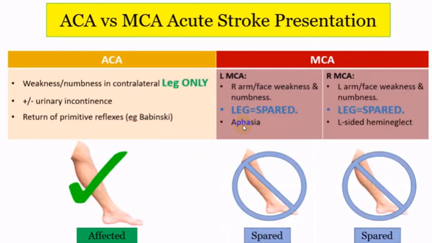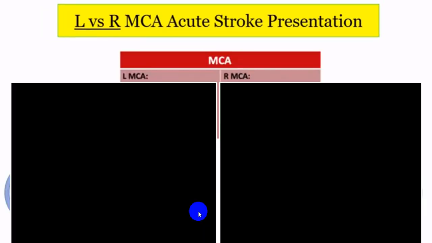While if it is right side involved, left arm and face will be involved, leg will be spared, and the person will have a left-sided hemi-neglect. This will be very typical in case of an MCA territory because of involvement of the parietal lobe. So sparing of the lower limb will be more in favor of MCA territory, and lower limb involved will be more in favor of ACA territory.